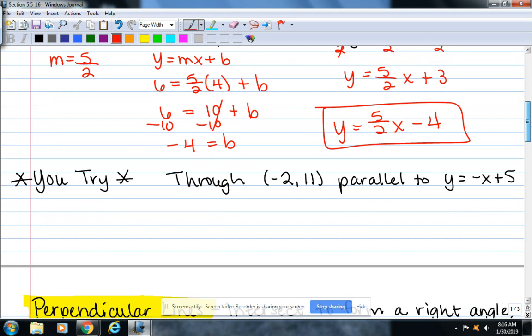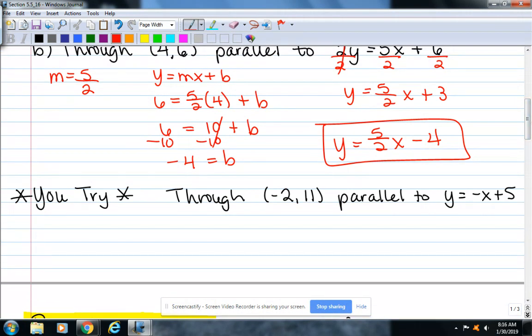Y'all try that. Oh, it was too easy. Y'all try that one. Through the point (2, -11), parallel to y equals negative x plus 5. Y'all, can x be a slope? No. It's the number in front of x.